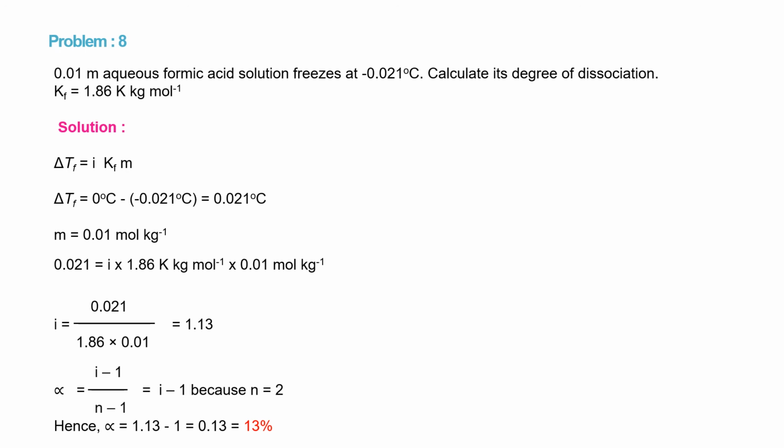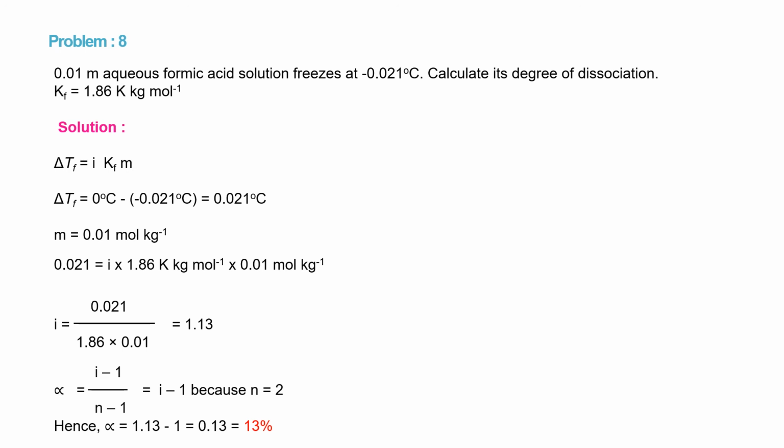Now in this case delta Tf is equal to i into Kf into m. So m is given to you, that is 0.01 molal. So delta Tf 0.021 is equal to i into 1.86 into 0.01 mole per kg. So your i becomes 1.13. Now the degree of dissociation formula is what?